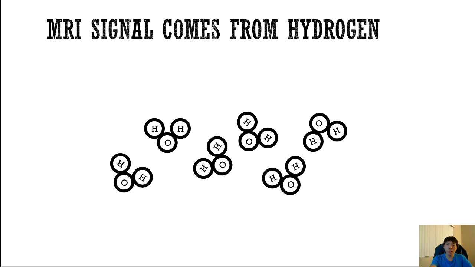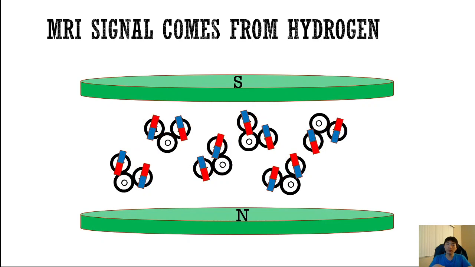Hydrogen atoms have an intrinsic magnetic property. These behave kind of like bar magnets. And without an external magnetic field, the bar magnets, kind of like compass needles, just point in all sorts of random directions.